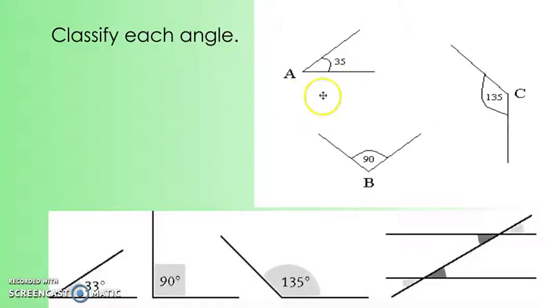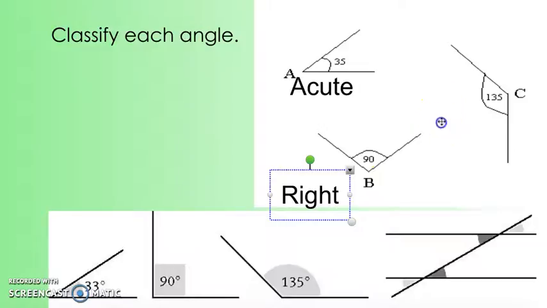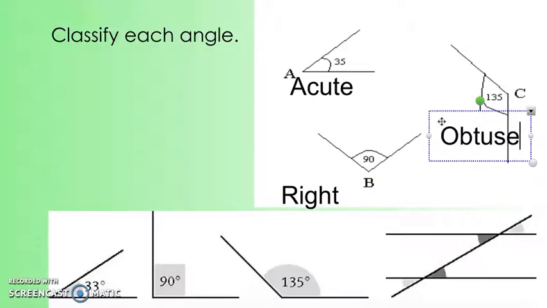Now, here are again some angles, and if I want to classify them and just name them, this one would be called acute. Not that one, I meant to write it right here. This one is actually a 90-degree angle. So what is that called? A right angle. Nice job. This one is obtuse.